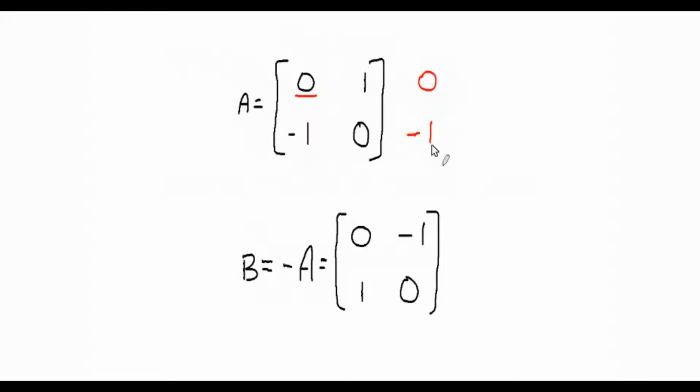And the best of these two is 0, since 0 is larger than negative 1. And that means that the security strategy, I star, for player 1 is 1.